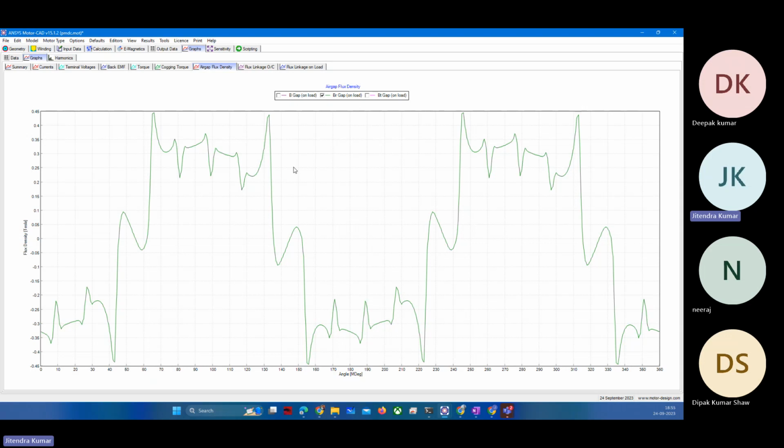Essentially, inside the machine the operation is AC. Generation of back EMF and the air gap flux density, all of them are AC. But at the terminal, what we are providing is the DC component, or what we are receiving in terms of a generator is the DC component. Inside the machine, the operation is frequency dependent, right? Are you getting my point?